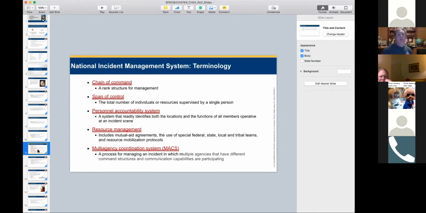So when we talk about the management system, the terminology is chain of command. It's a rank structure for management. On the fire department where we use this, a firefighter responds to a captain, one captain in particular. That captain in turn responds to a battalion chief, one battalion chief in particular.